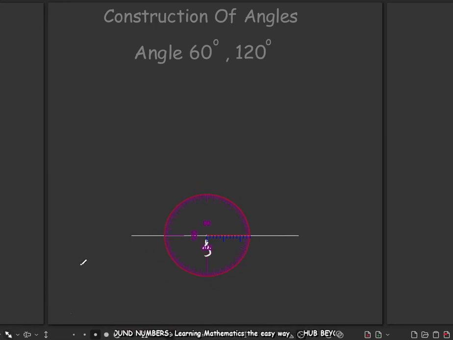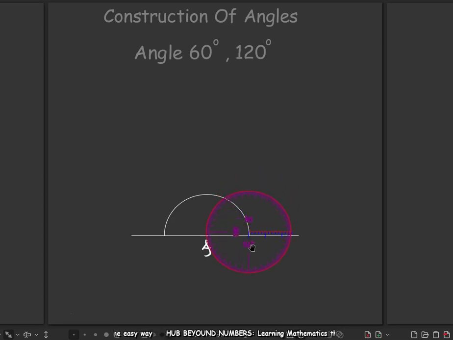Now, if you open it to a suitable radius, you now draw a semicircle. I draw a semicircle and you take away your compass. Now you make sure that the radius you use to draw this semicircle, you don't open or close it. You don't move it. You see? So I don't move it, I don't open or close it.